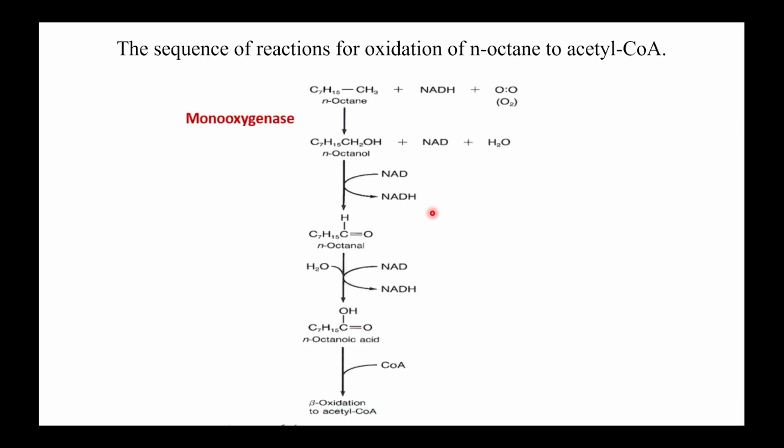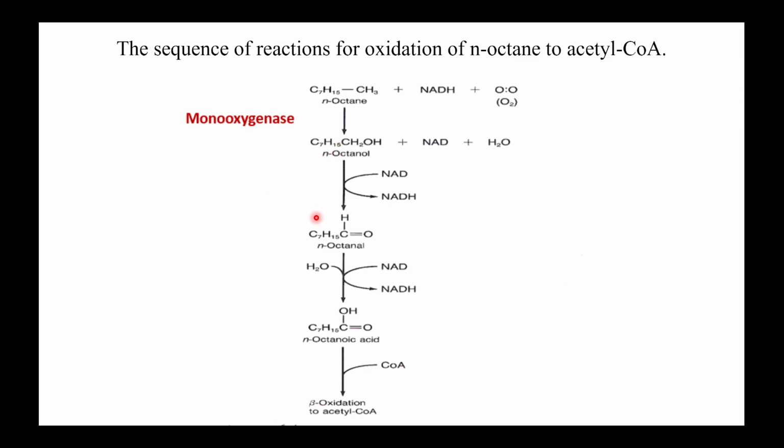This is how the pathway goes, and this is basically a process that leads to beta oxidation. And beta oxidation is a process to catabolize the fatty acids. So this is an alkane, right? It's an 8-carbon long chain. This octane is converted into an alcohol, octanol.